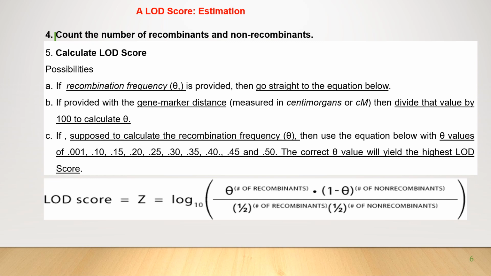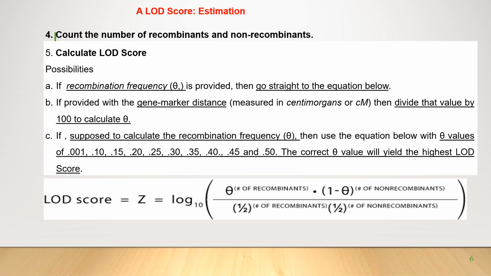There are three ways to calculate the LOD score depending upon the data we get. First instance, when the recombinant frequency theta is provided, we would directly go with the equation given below to calculate the LOD score.